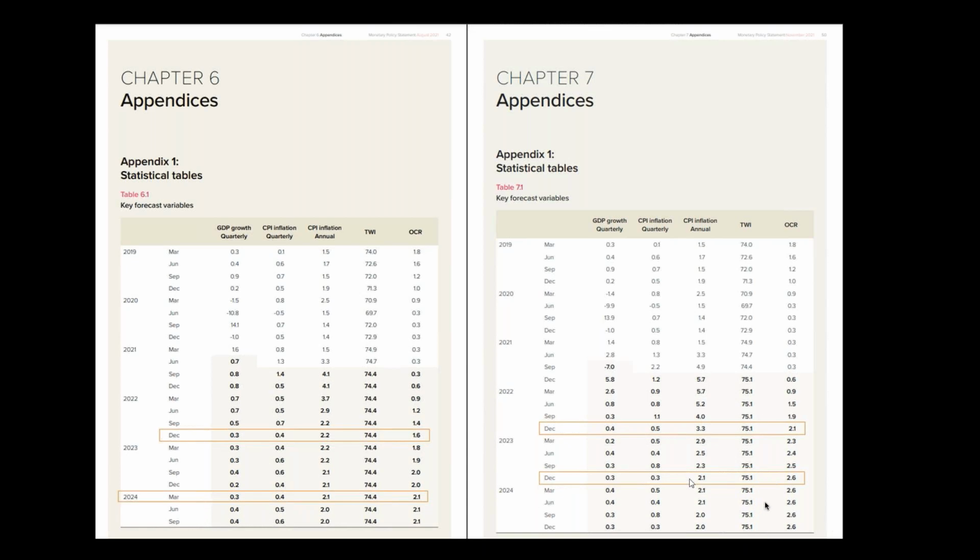At their latest meeting, they now expect interest rates to be at 2.6%. So it was 2.1% they were expecting in 2024, they're now raising that by 50 basis points and bringing it forward. So they're expecting 2.6% by the end of 2023. And for the end of 2022, they were expecting interest rates to be 1.6%, and they're now expecting 2.1%. So basically a 50 basis point rate hike projection has been given by the RBNZ.